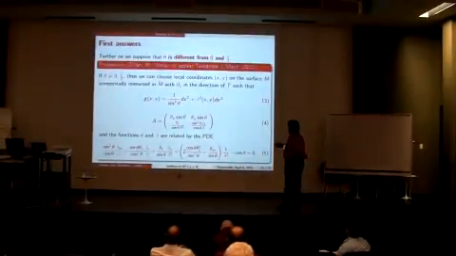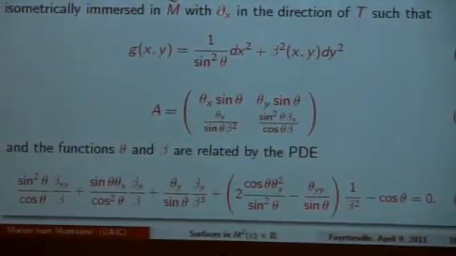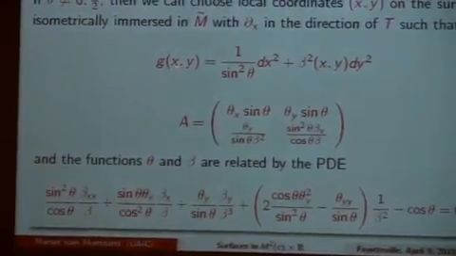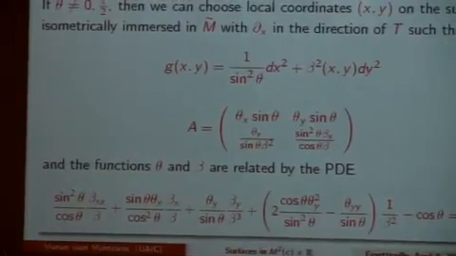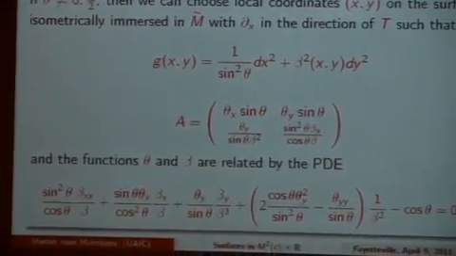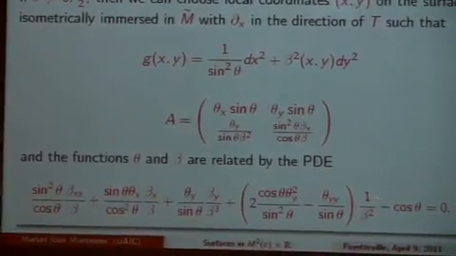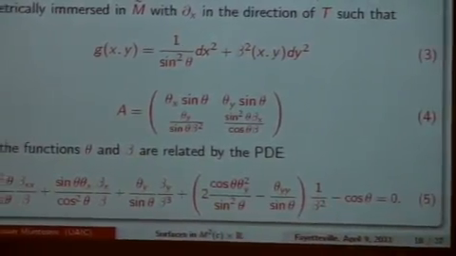And the first remark, we imposed also only dx is in the direction of T, and we obtain the metric in this form and the shape operator in this form, and the relation between theta and beta is this complicated partial differential equation. But we do not claim yet that T is a principal direction.